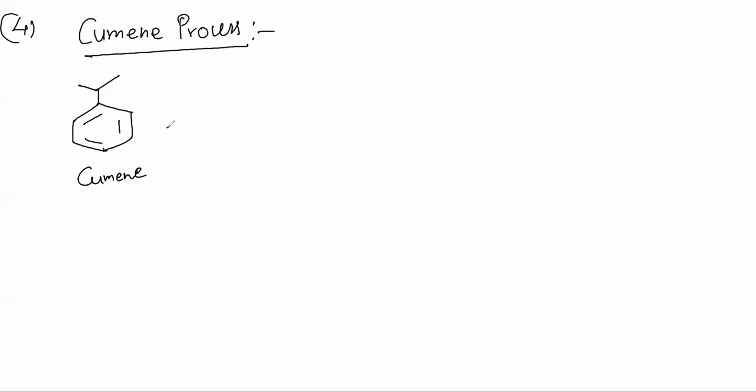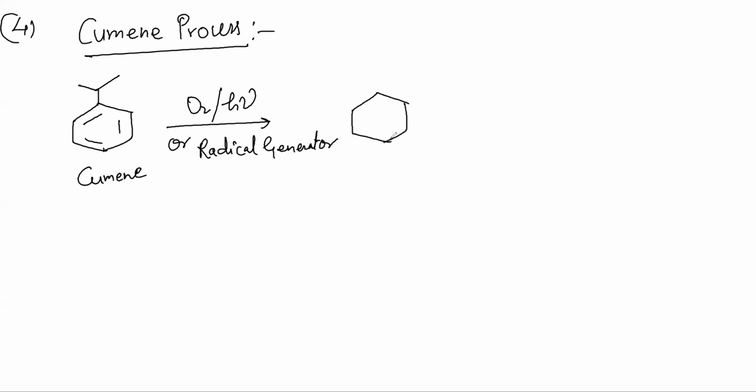What we do, we treat it with O2 in the presence of sunlight, or they can also write here a radical generator. So in the first case, first of all, we get something like this.